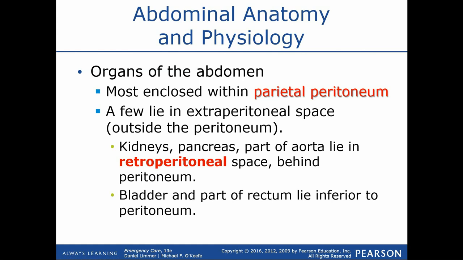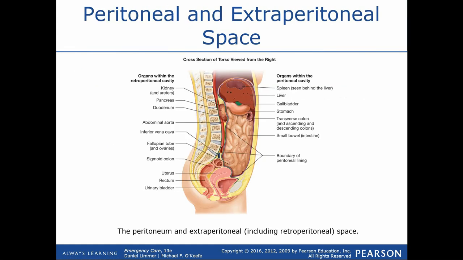Whereas everything else that sits within the parietal peritoneum will most likely present with pain toward the front of the body. We also have the bladder and part of the rectum that lie inferior to that. You're still going to feel pain or discomfort in the same regions where those would be located, obviously with the bladder toward the front and with the rectum toward the rear.